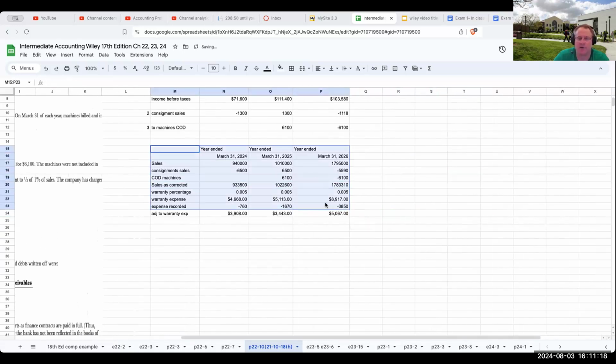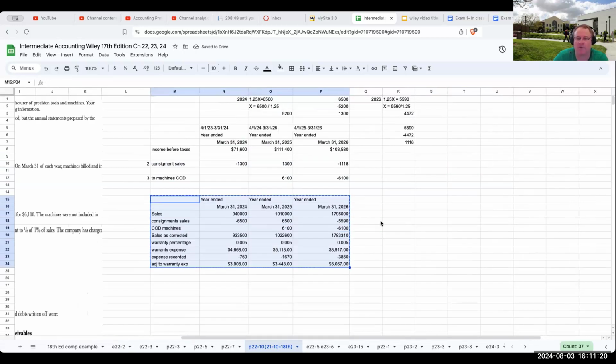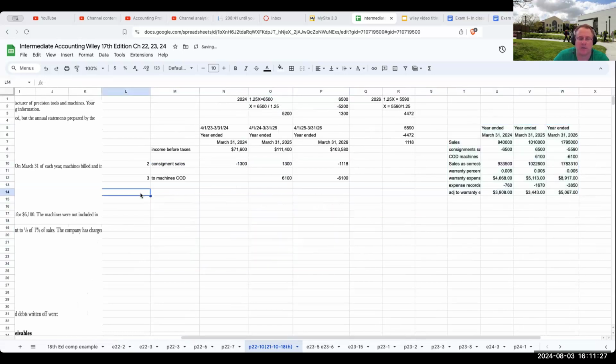So what I'm going to go ahead and do is move this over here, and we're going to put over here warranty expense adjustment. Okay, so I didn't record enough. So I'm going to reduce my income before taxes by 3,908, by 3,433 for 2025, and then another 5,067 for 2026.